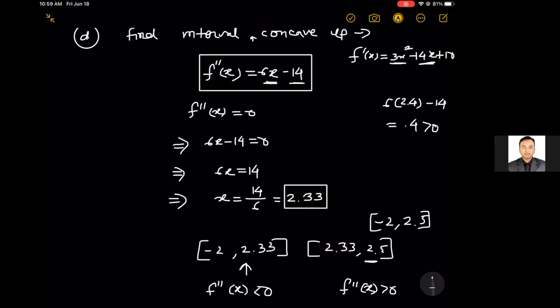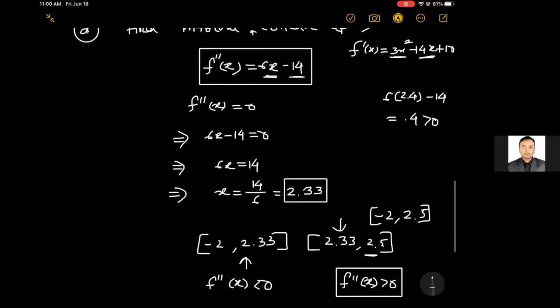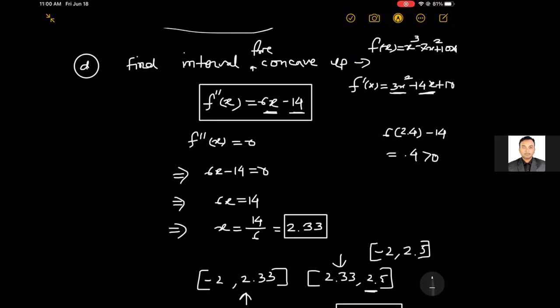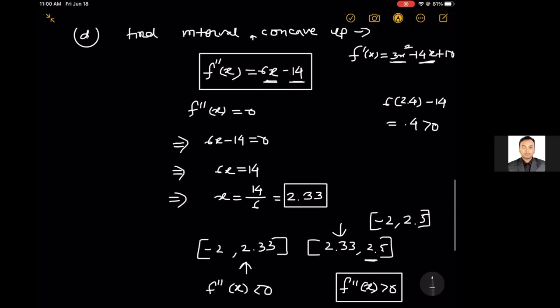Now, can you tell me where you can see concave up? From 2.33 to 2.5. Exactly. So on this interval here, you can see the second derivative is positive. So the interval for concave up is this one.